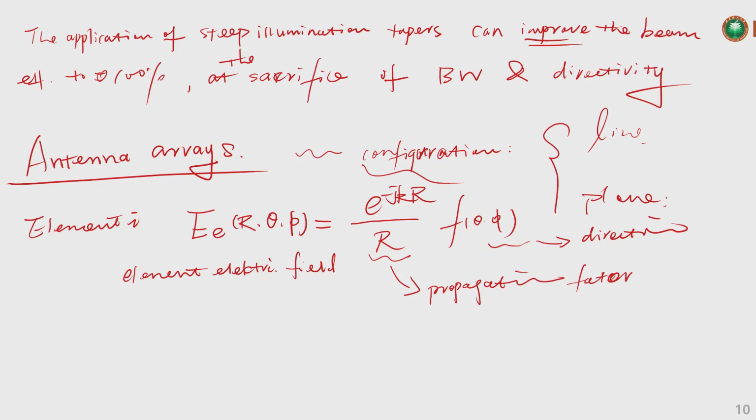So this definitely defines the direction of this element's electric field. So the element electric field has two parts. The first part is the amplitude related to the propagation factor, and the second is the direction dependence. It is usually controlled by, for example, the phase component, right?